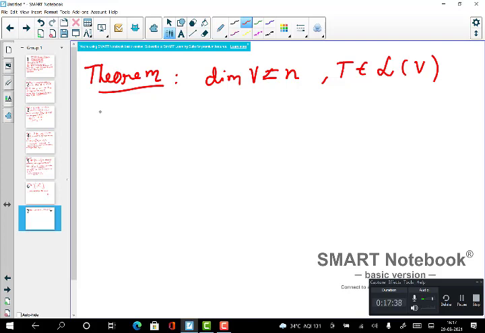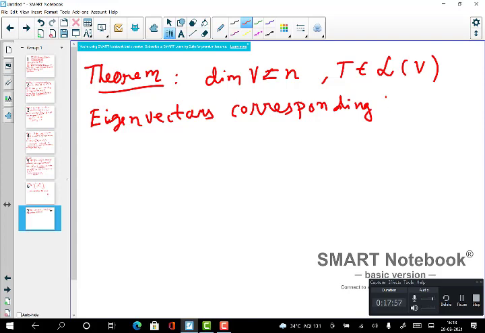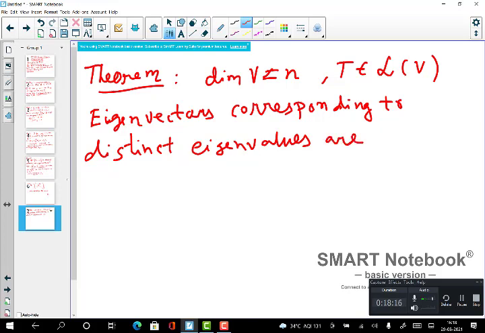So how do I write down the theorem? Eigenvectors corresponding to distinct eigenvalues are linearly independent. I write LI to save some space, though it's better to write the full form.